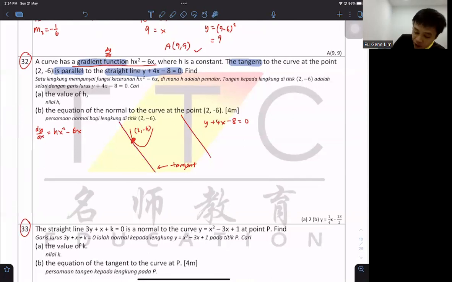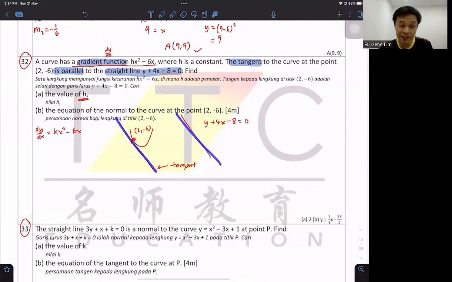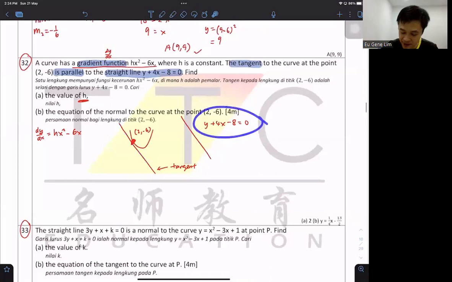Now the question says, find the value of h. First, go and find the gradient, because this line and this line are parallel. Parallel means same gradient, right? So you find the gradient of this other line.